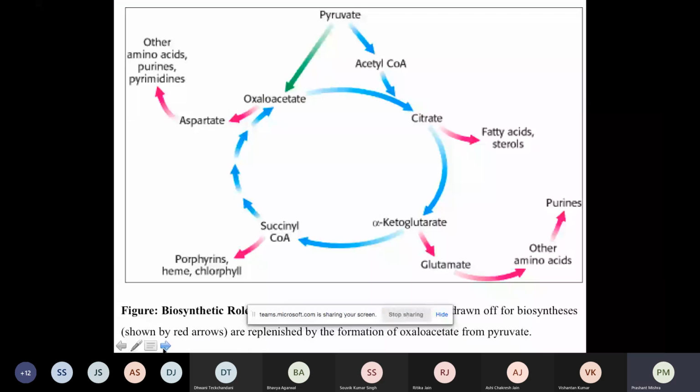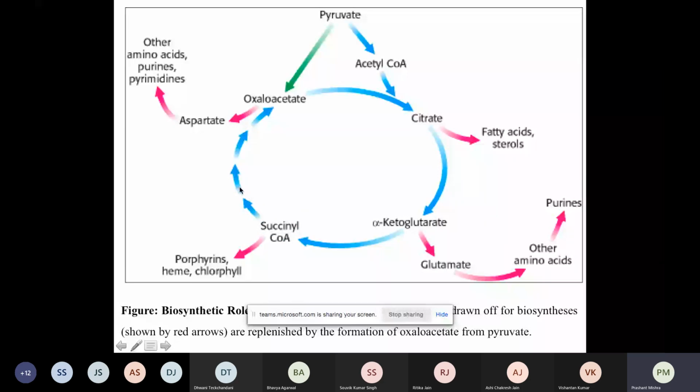So you have pyruvate, you have synthesized acetyl-CoA, it is in the mitochondria, it will be converted into citrate, then the citrate will be converted into isocitrate, isocitrate will be converted into alpha-ketoglutarate. This is a decarboxylation dehydrogenation reaction, again a dehydrogenation reaction, and then succinyl-CoA is formed, it converts into succinate.